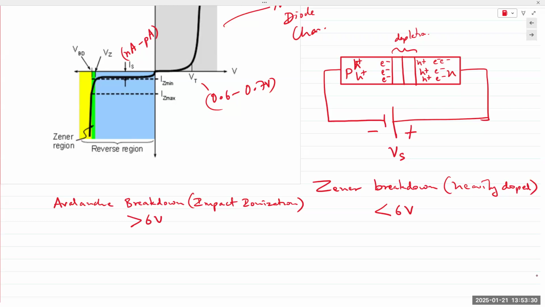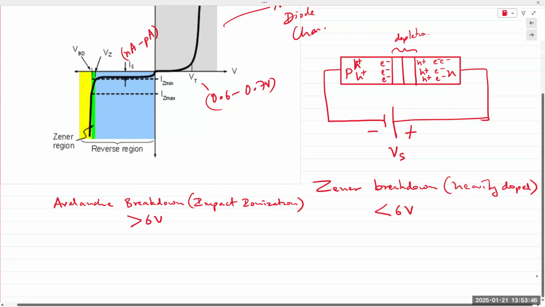When they move, they're moving in a random path. They will collide with other atoms. When they collide with other atoms, they're going to create more free charge carriers. They will dislodge electrons from the orbits, and those electrons are now free to move around too.